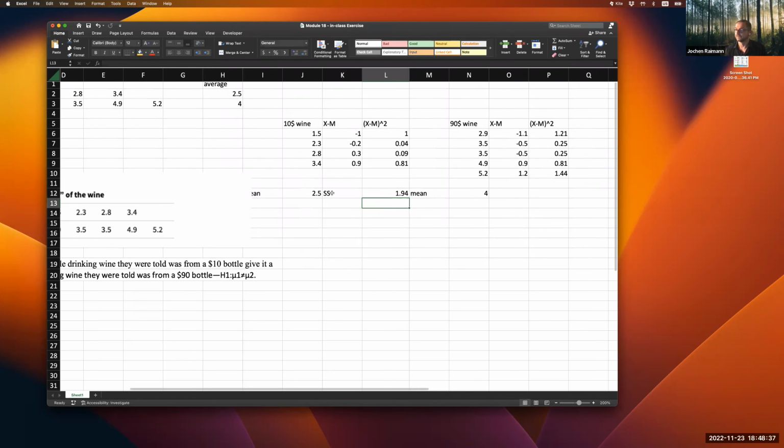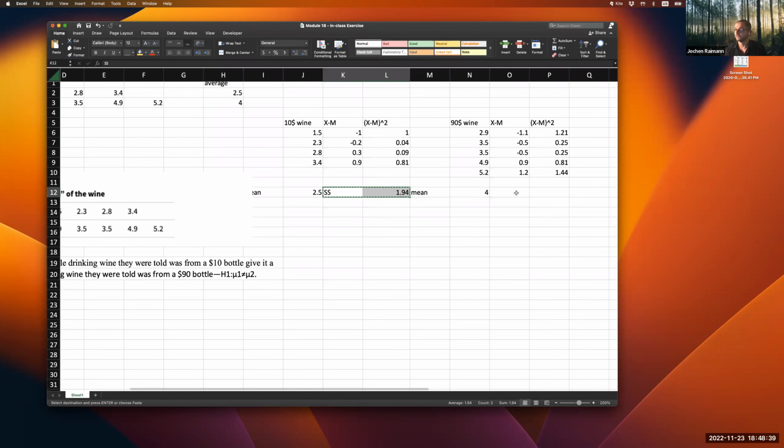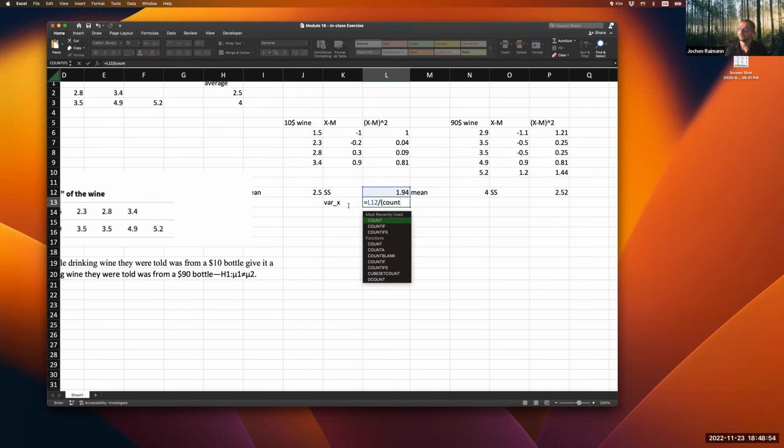And this essentially will lead us to the calculation of the variance. So now the variance of X is this divided by the count of our entries minus 1. That's the degrees of freedom, right?